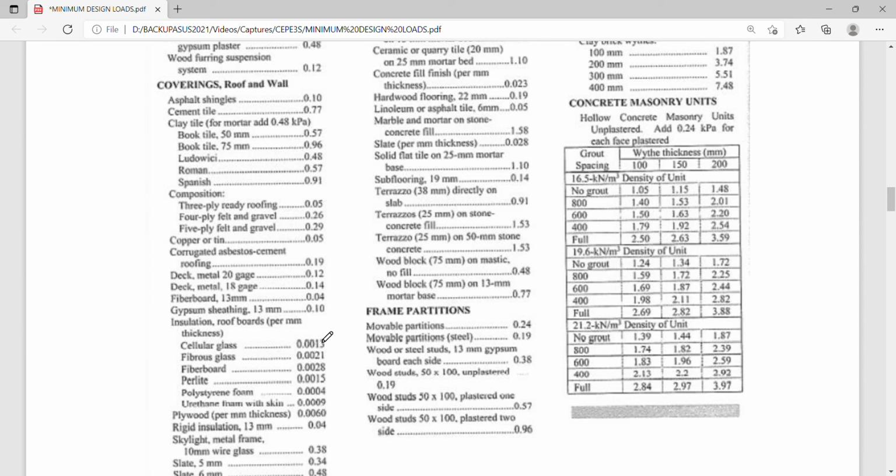So these are all in pressure units, kilopascal. So all you have to do is to determine the area in which the material is placed and then multiply it, you get the force.